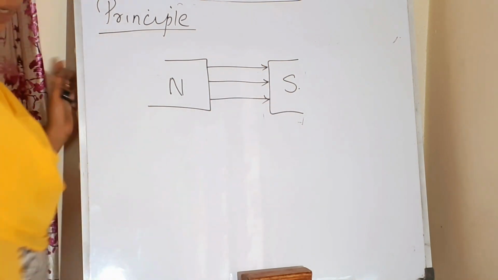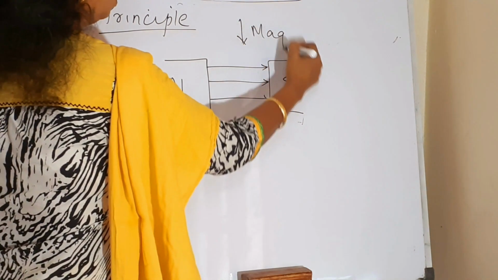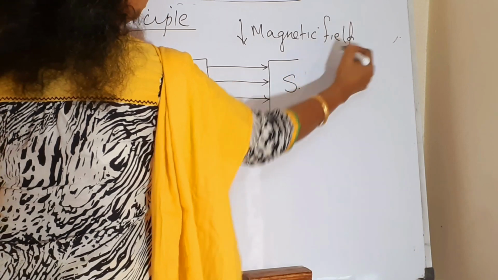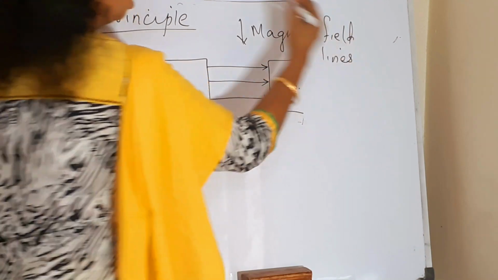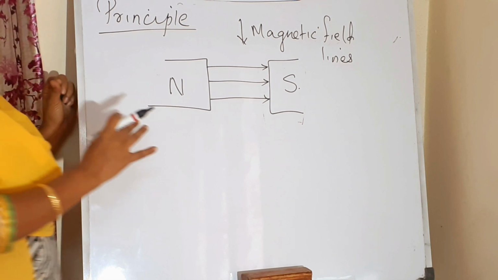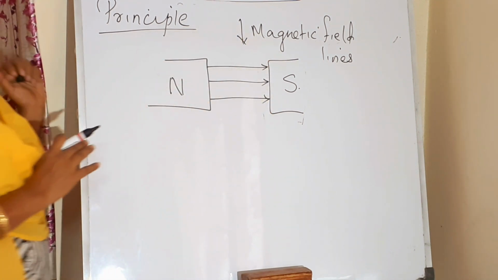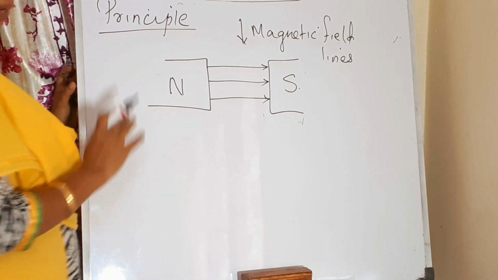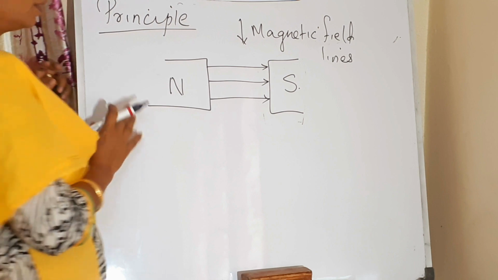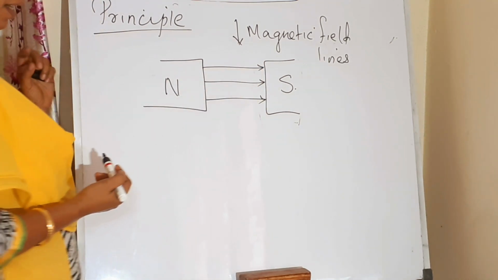These are called the magnetic field lines. So there exists some magnetic force around this magnet, and this is called the magnetic field. That is the space around a magnet where its influence is felt. So these are the magnetic field lines.